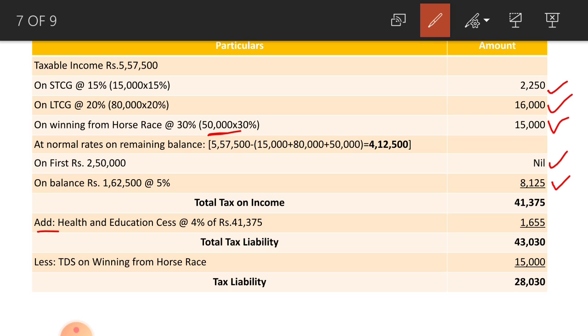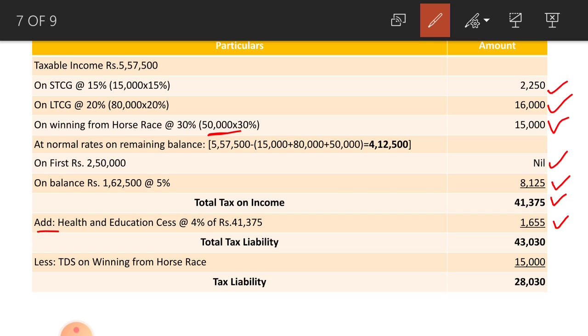Next, you have to add health and education cess at 4% on the total tax on income 41,375, that amounts to 1,655 rupees. That is the health and education cess at 4%, 1,655.